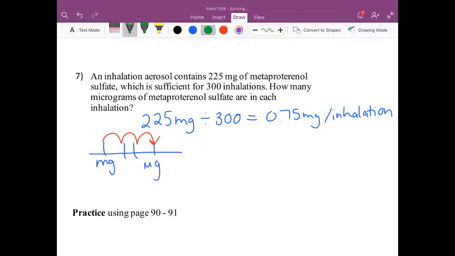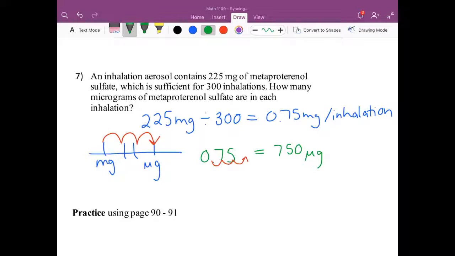So I'm going to take my 0.75, do 1, 2, 3 jumps, which tells me that each inhalation has 750 micrograms in it. Okay, so that is the metric system. You can practice this from the textbook using pages 90 and 91.